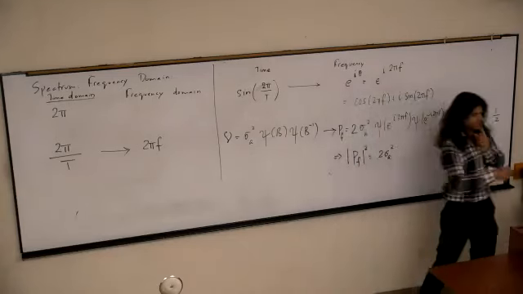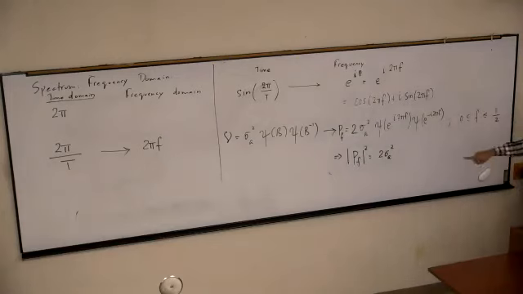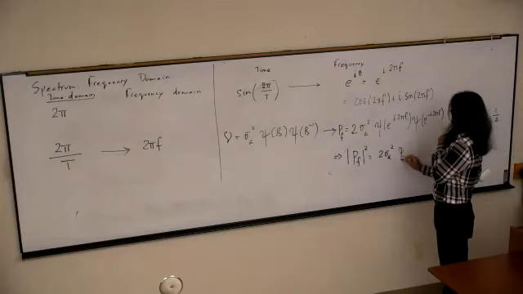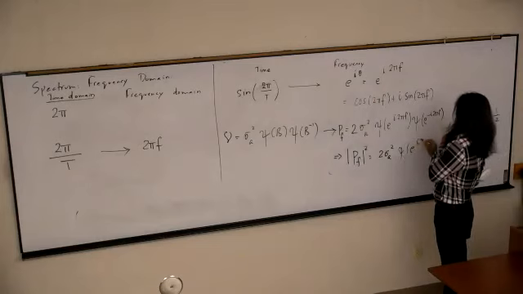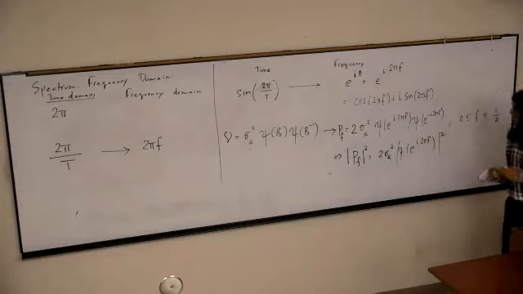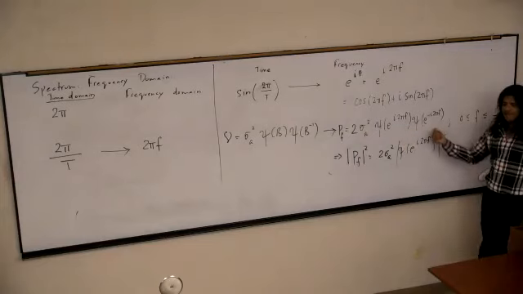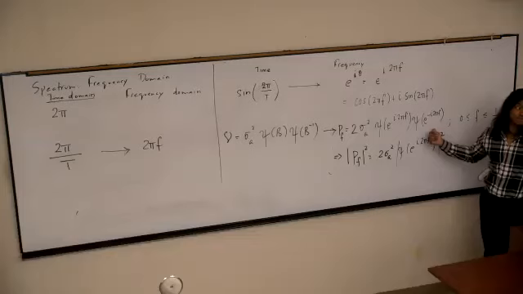And the magnitude part would be the square root. So I'm squaring on both sides. The magnitude of this and the magnitude of that are going to be one and the same.